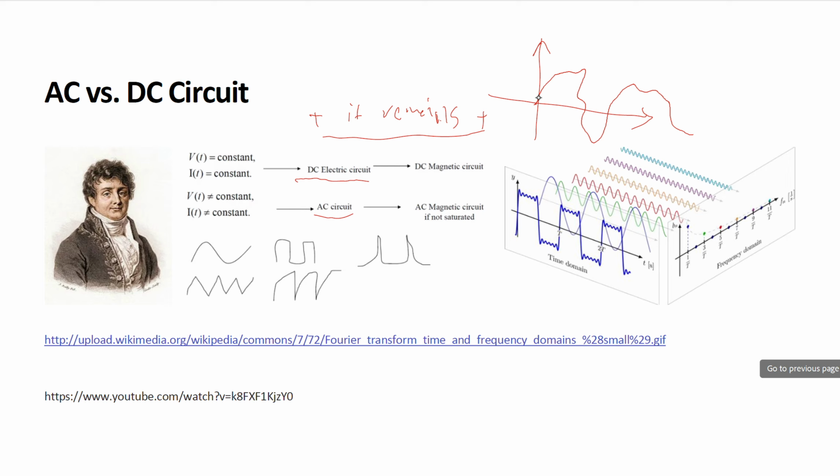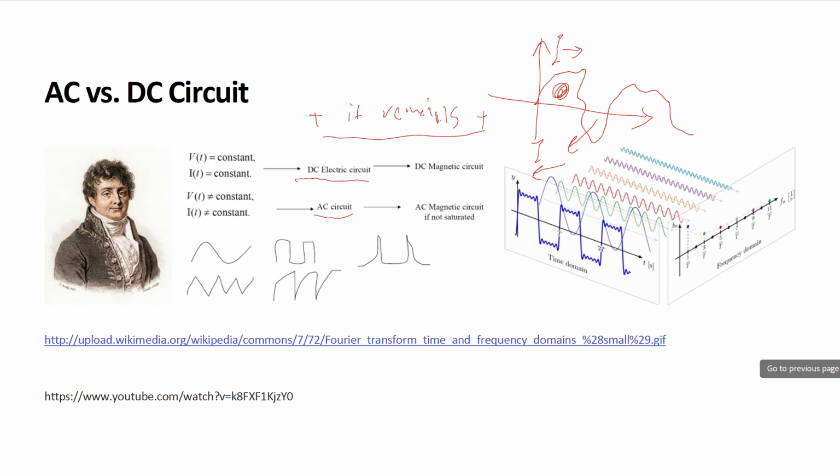If the voltage changes polarity, based on Ohm's law and the general laws in electrical circuits, you know that the direction of the current would change. For example, in a positive half cycle we have a certain direction of the current, and in a negative half cycle we have the reverse direction of the current.